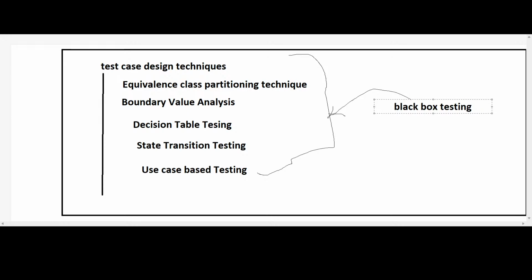So as per the ECP technique, we identify all the possible input conditions to validate the functionality. Whatever possible input conditions we have discussed so far, we are going to divide into groups.